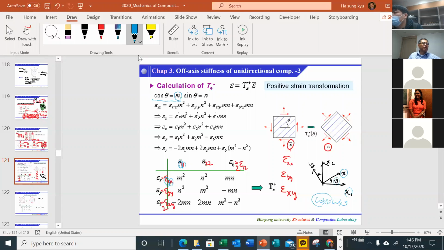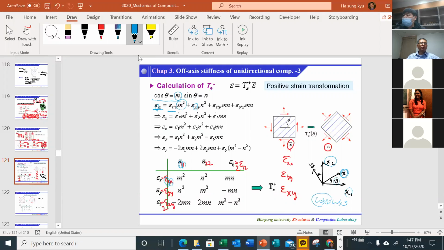Well, this table is the same as that one. So epsilon xx has the relation with the x prime as a cosine theta. Now, how about the epsilon y prime and y prime? Same procedure. We have an x and now x y prime. And here we use the x, and y prime is what?